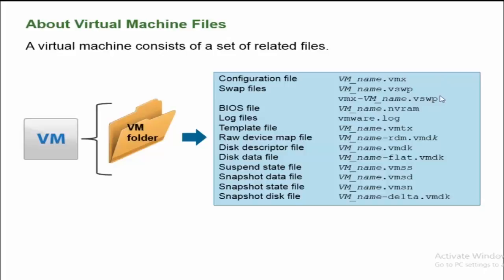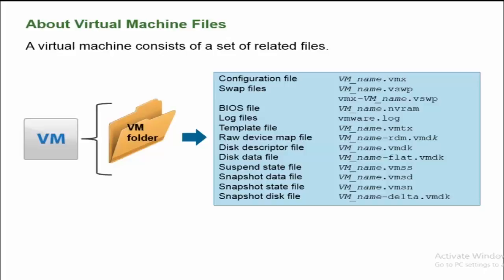VM name .vswp is the virtual machine's swap file, and another one is vmx-.vswp. This swap file is used by the VMkernel. We call it an overhead file, which is used to power on a virtual machine.